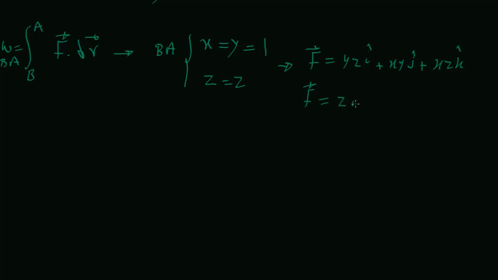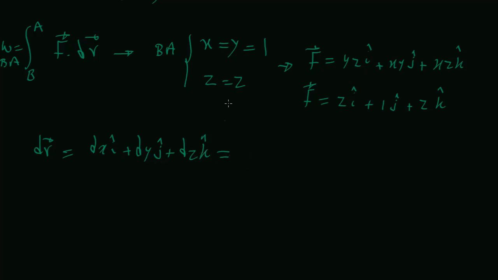This is going to be z i plus 1 j plus z k. And dr is going to be dx in the i direction plus dy in the j direction plus dz in the k direction. Because x and y are constant, equal to 1, dx and dy are 0.